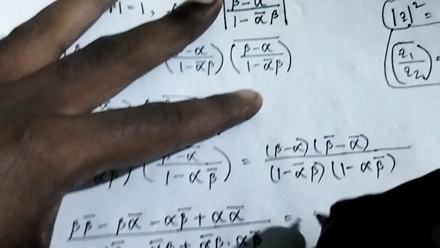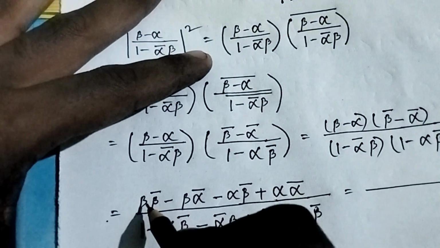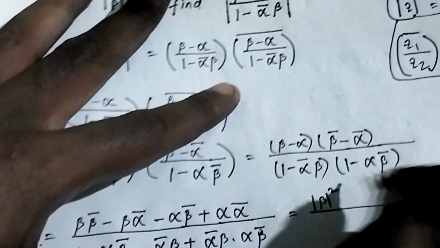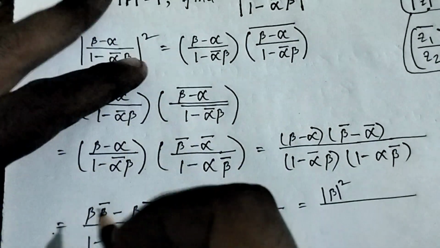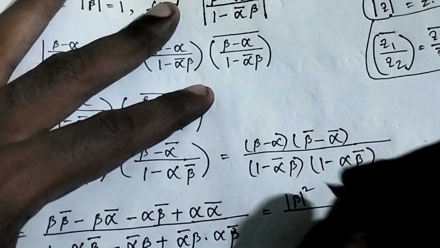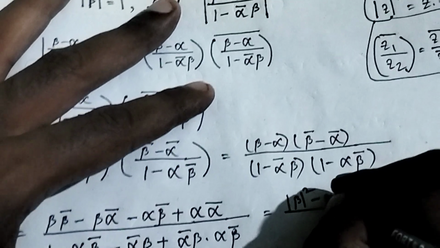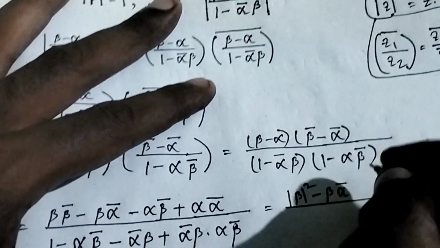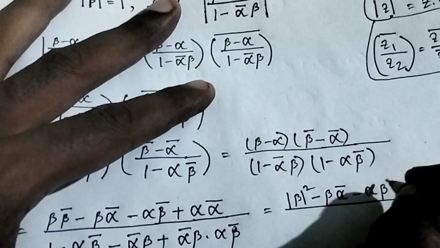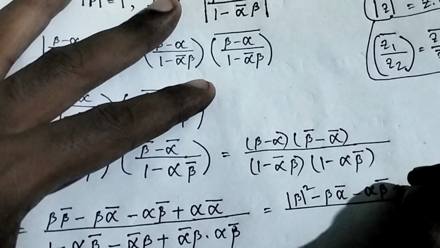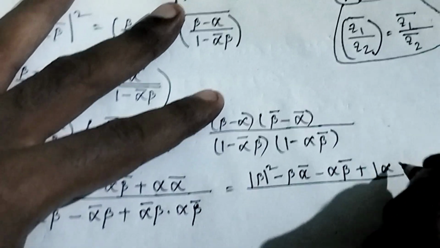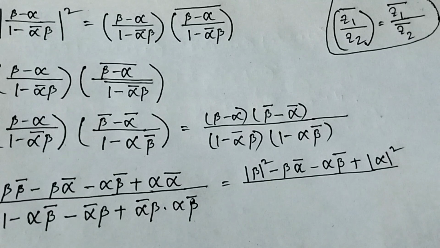Beta into beta conjugate can be written as mod of beta square, minus beta alpha conjugate minus alpha beta conjugate, plus alpha into alpha conjugate can be written as mod of alpha square. Clear?